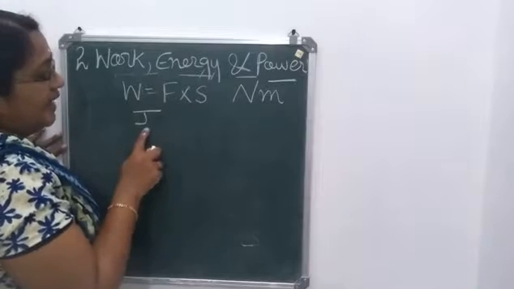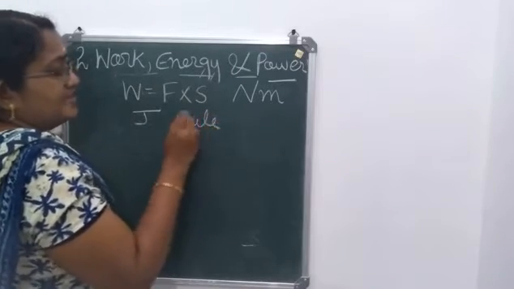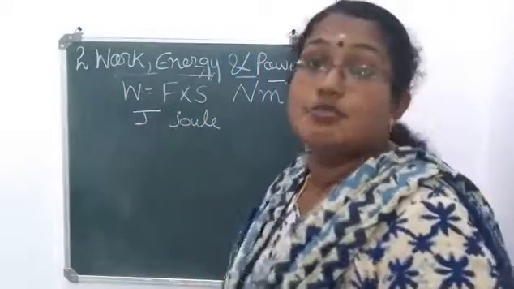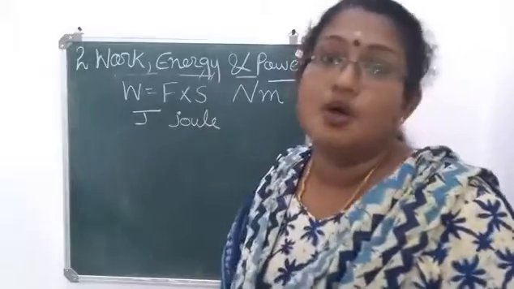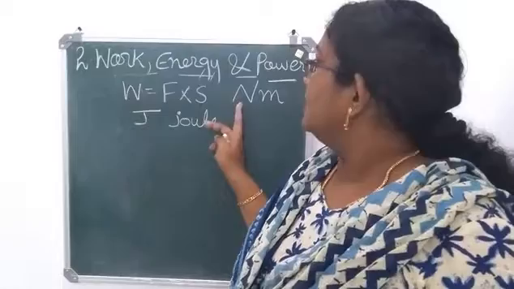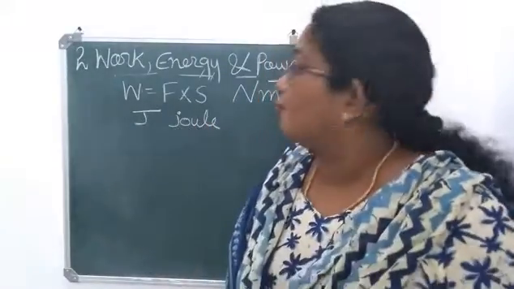Joule. When you are writing the symbol, it should be in capital letters since it is the name of a scientist. If you are writing the full name, it should start with a small letter. The entire thing should be in small letters. So, Newton meter or joule, we will call joule the SI unit for work.